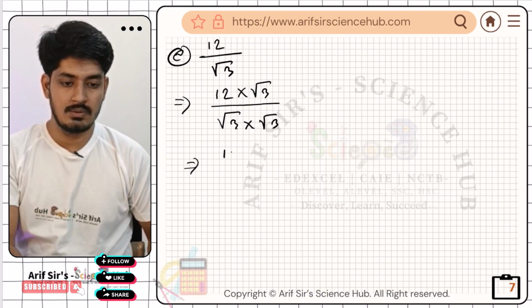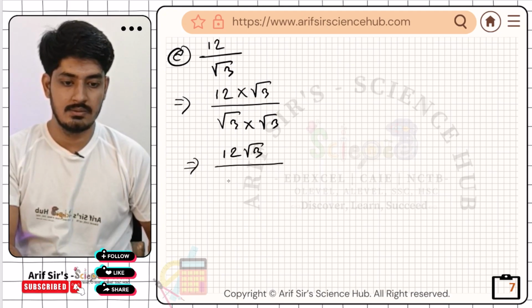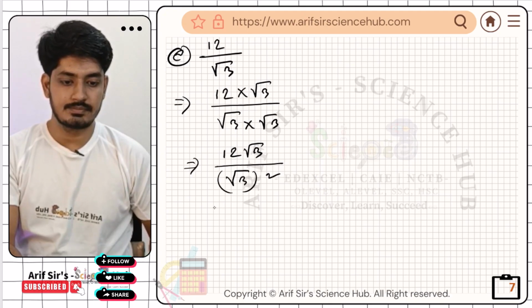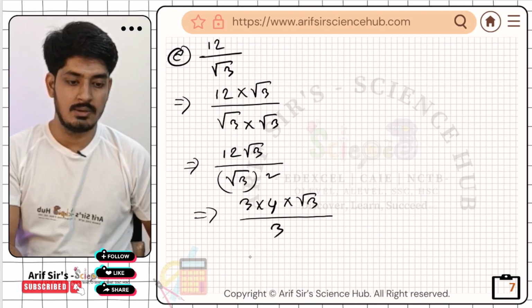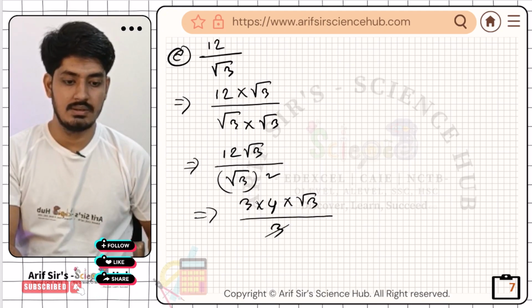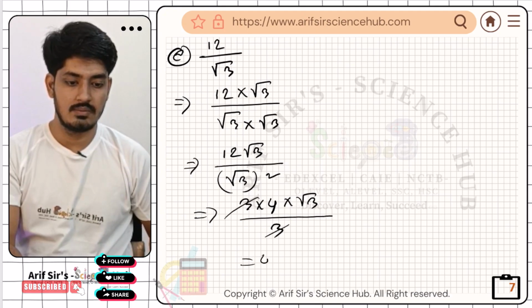So 12 root 3 over root 3 whole squared. Then 3 into 4 is 12, then root 3 divided by 3. So we can just divide this 3 by this 3. Then 4 root 3, that's the answer.